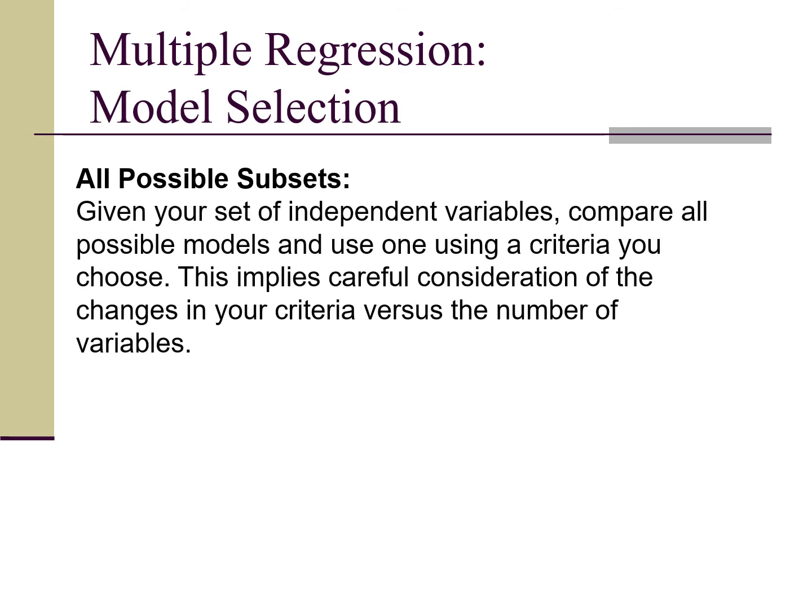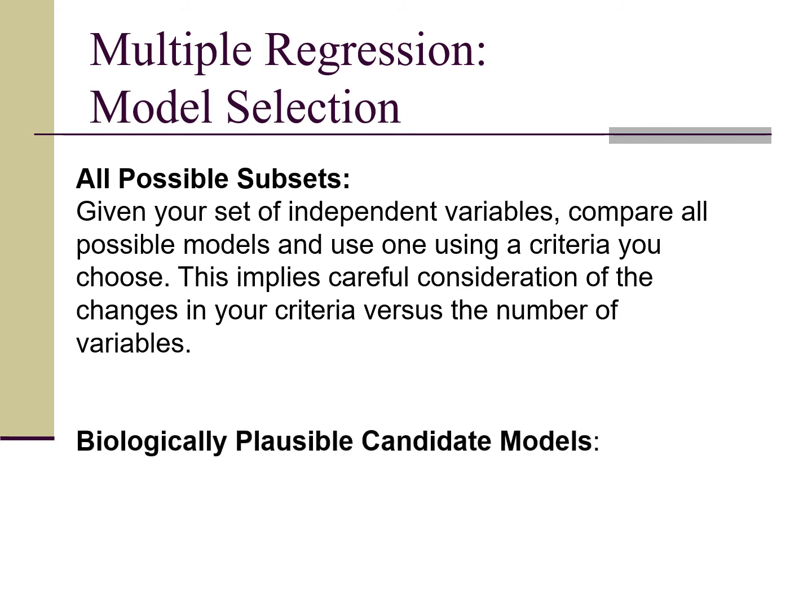So, all possible subsets. Our approach is going to be, given the independent variables, compare all the possible models and choose one using a criteria you choose. So you're going to have to think about changes in your criteria versus the number of variables.